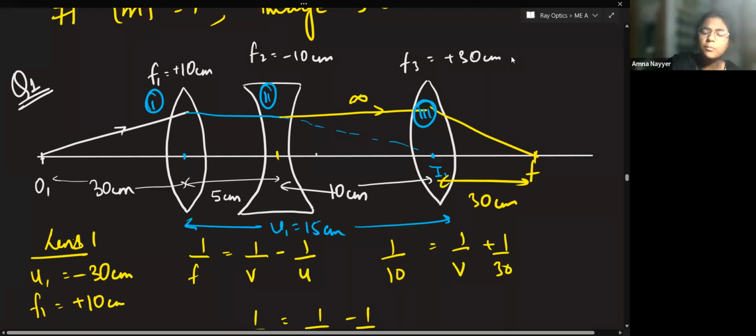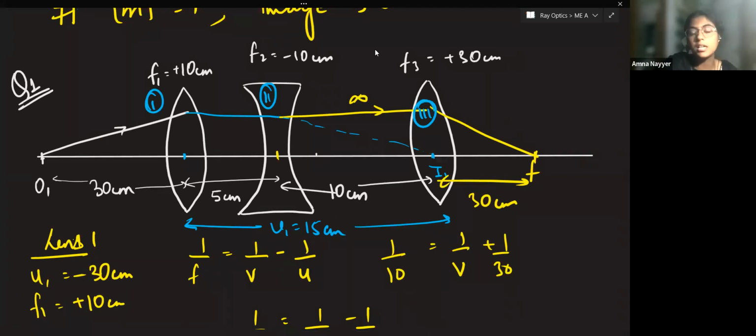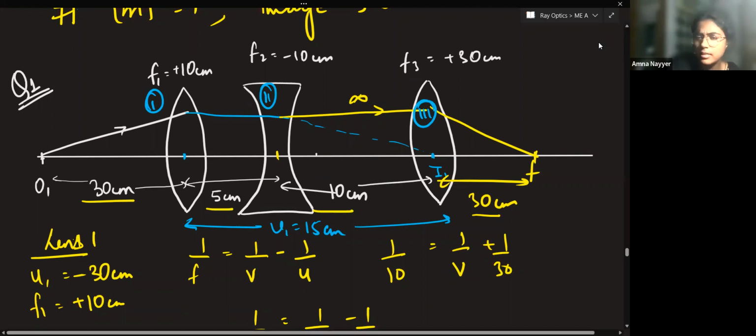If the question is asking the distance of the final image from the third lens, it is 30 centimeters. Calculate the whole distance, 30 plus 5 plus 10 plus 30, 75 centimeters. Whatever is asked in the question, you can now answer because you have all the information.